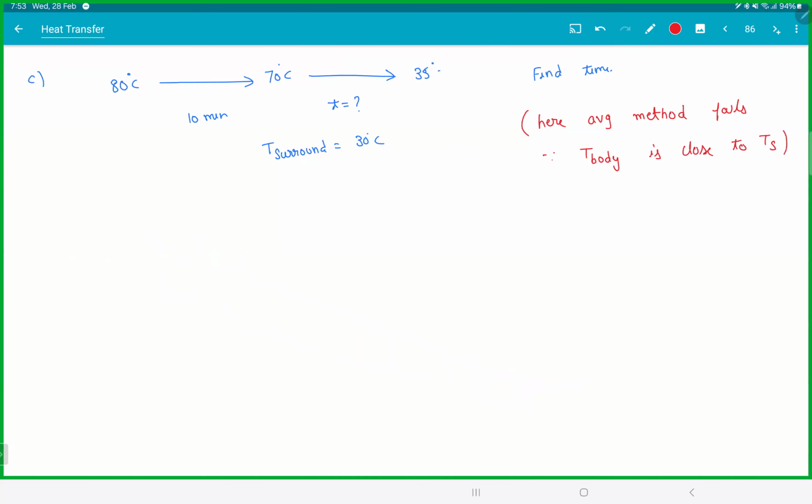Finish it off. How will you do this? The average method we can't use. You just have to get back to the ln thing.